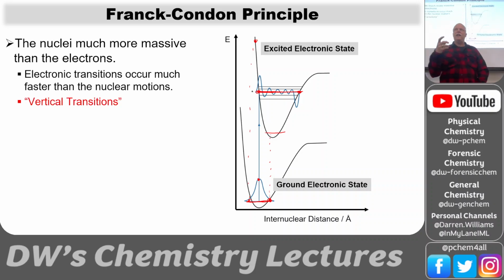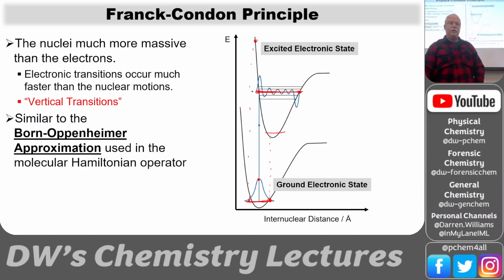We did that Jablonski diagram. Some of those potential energy surfaces were not even bound. Like it gets excited and then the molecule just falls apart. The atom leaves and we have a bond breakage. So these vertical transitions are similar to that Born-Oppenheimer approximation when we were looking at the molecular Hamiltonian, where you pick the locations of the nuclei like we do in Gaussian, and then we calculate the structure of the electron cloud, and then Gaussian moves the nuclei a little bit, recalculates the electron cloud.